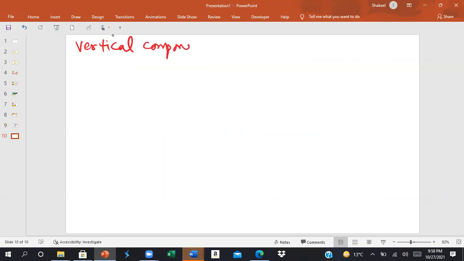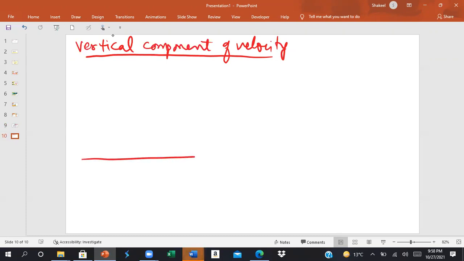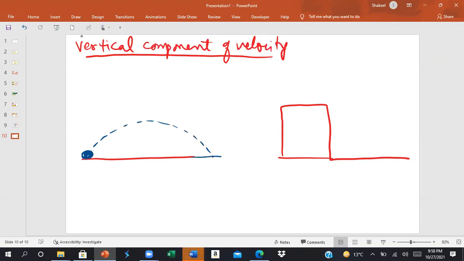For the vertical component of the velocity, I'm going to draw two situations. In the first situation, the object is projected from the ground and lands on the ground. In the second, it is projected from a height and then comes down towards the ground.